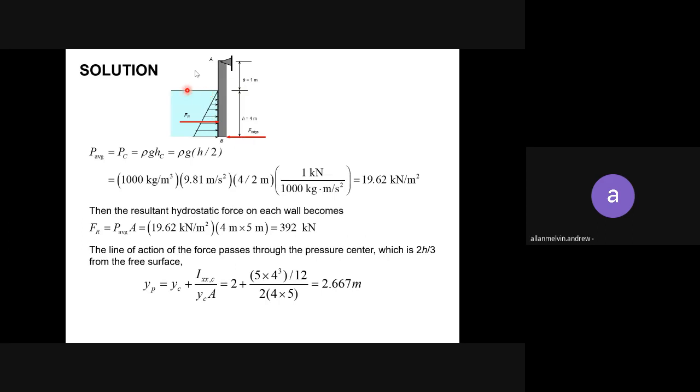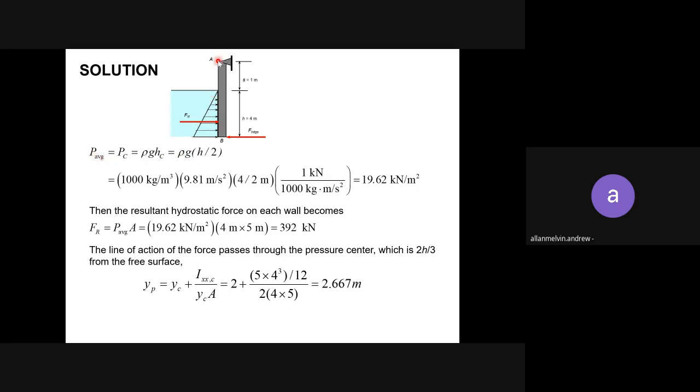So once you have already drawn, then you calculate one by one. First you need to calculate FR. You can calculate the FR using the formula that we used earlier. Okay, so this is horizontal, so you just use this formula.